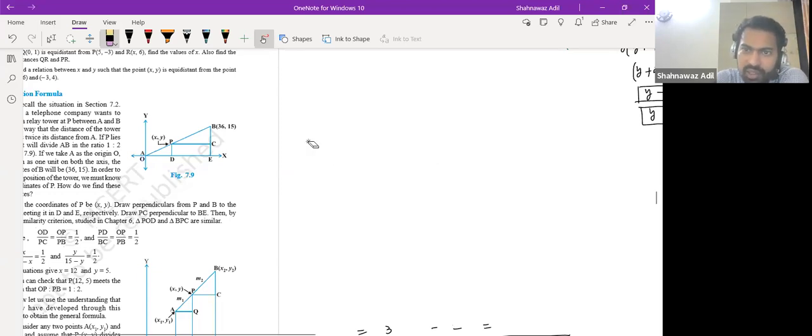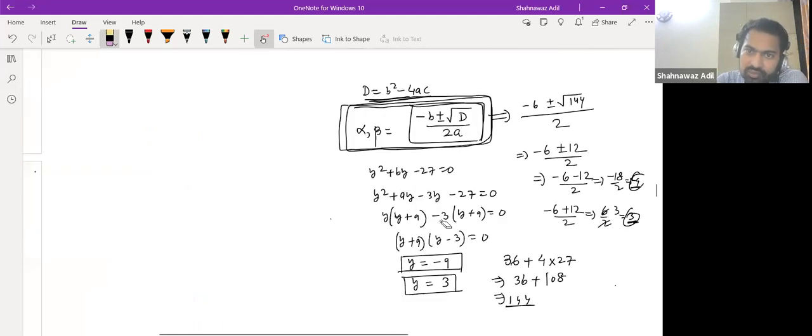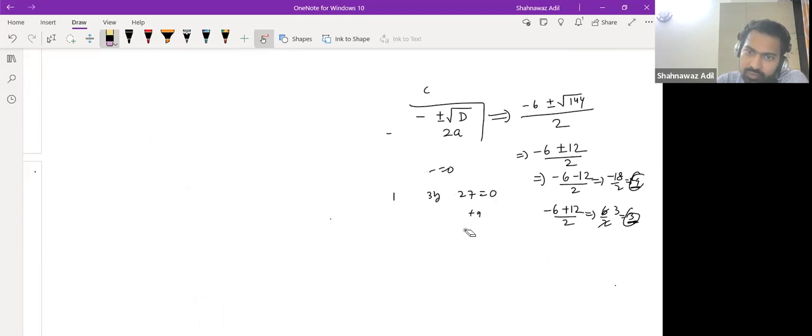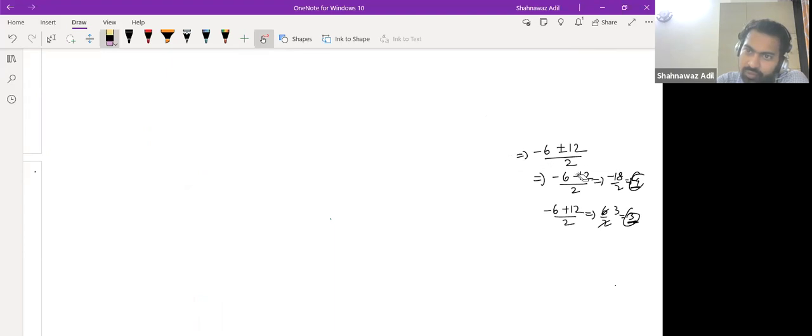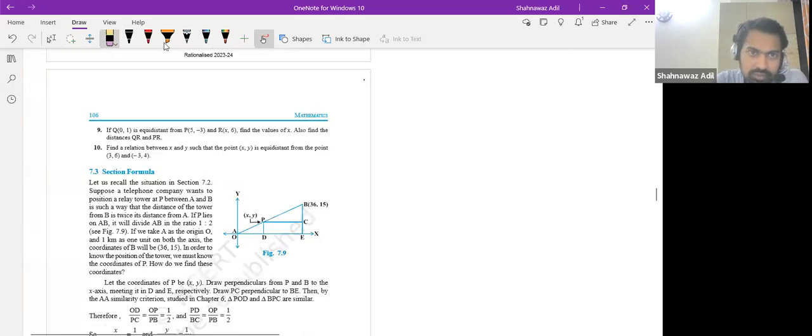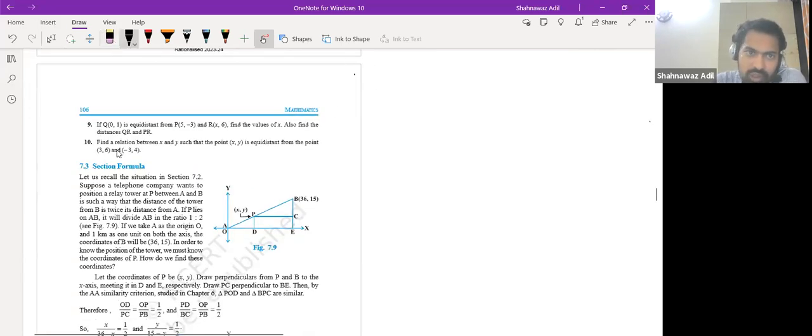Okay, so what is the ninth question? So if Q is equidistant from P and R, so we have this Q, right?